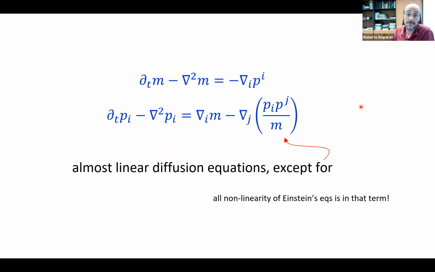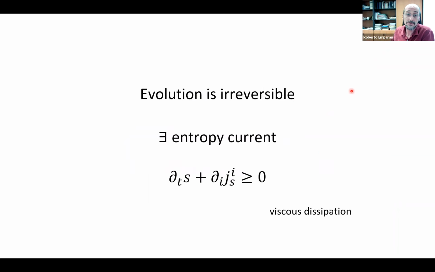Another thing that you see is that if these are diffusion equations, then these equations are irreversible. And this is in fact what you expect when you study horizon dynamics. Horizons are famously dissipative systems. You throw something into a black hole, the black hole vibrates, and these vibrations die away. The quasi-normal modes relax, and then you get irreversibility.